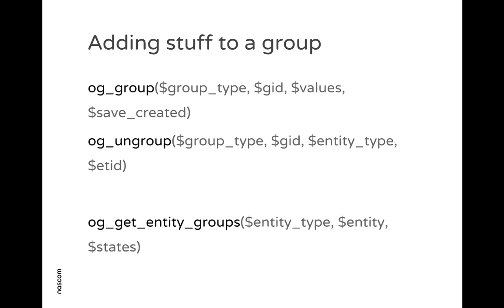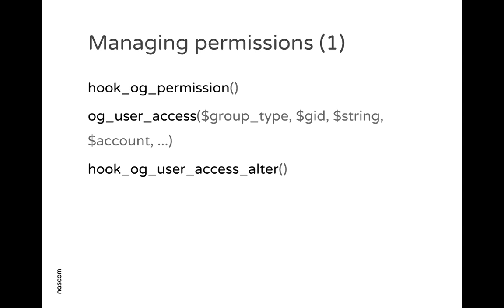There are simple functions to throw stuff into a group, the OG group and ungroup functions, which make it really easy to write your own code and throw an entity into a group. And the other way around, we can easily get all the groups that an entity is related to with some simple API functions.